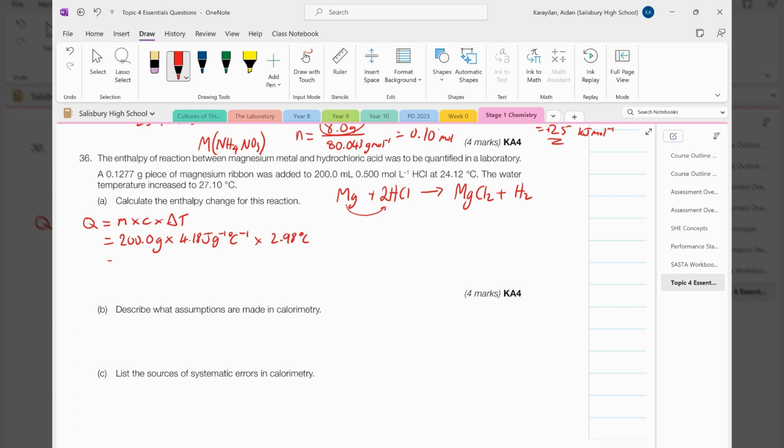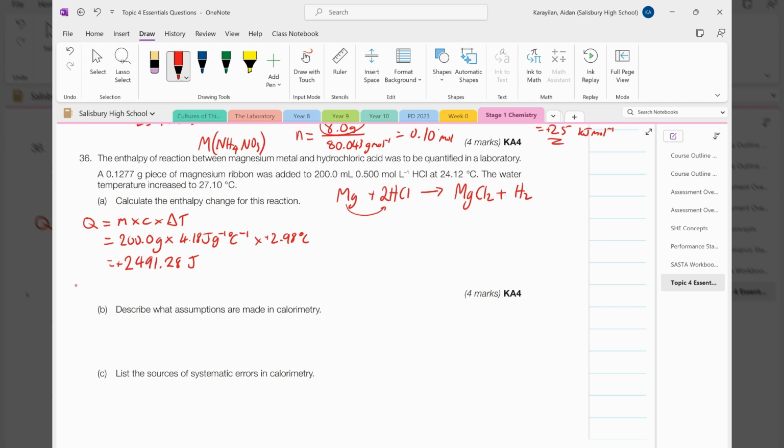Okay, throwing that into the calculator. So we go 200 times 4.18 times 2.98 is equal to 2491.28 joules, and that's a positive value because of our positive temperature. So normally I wouldn't bother with a positive and negative, but I want to be really clear that our water is absorbing that energy, which means it's being lost by our reaction.